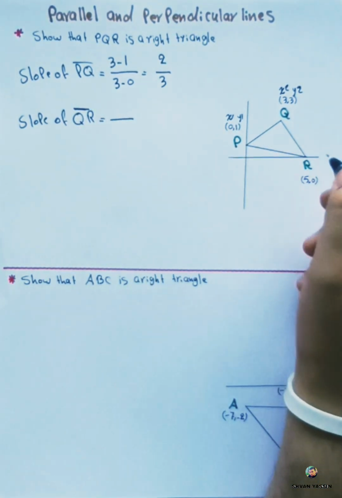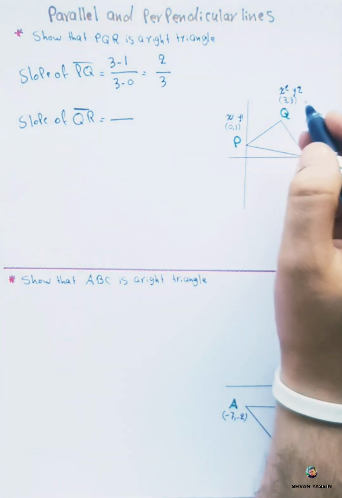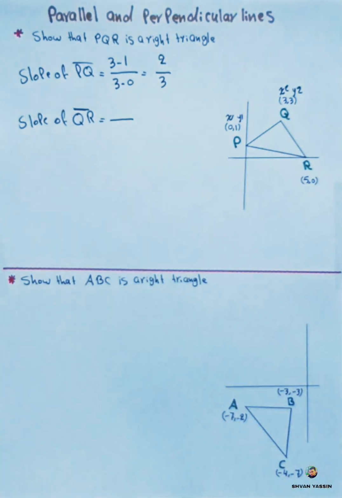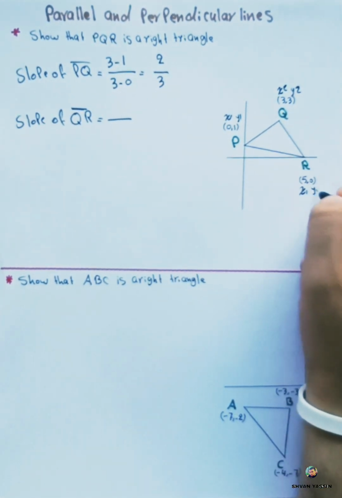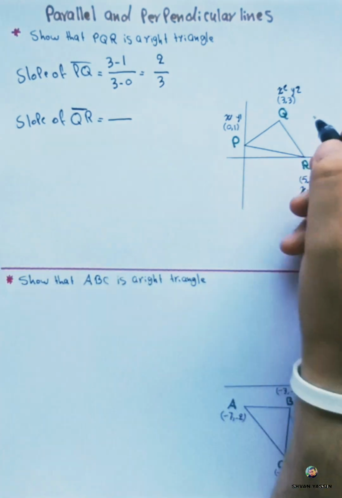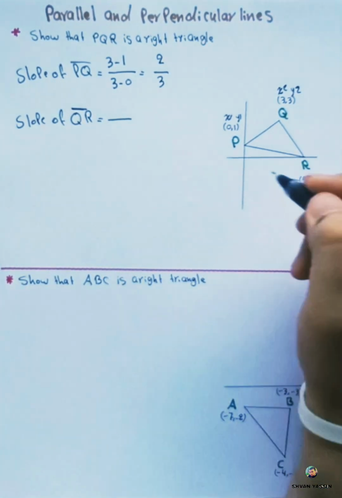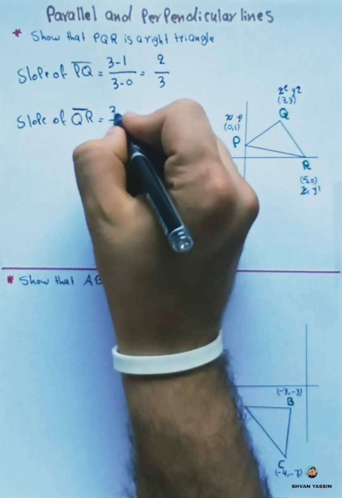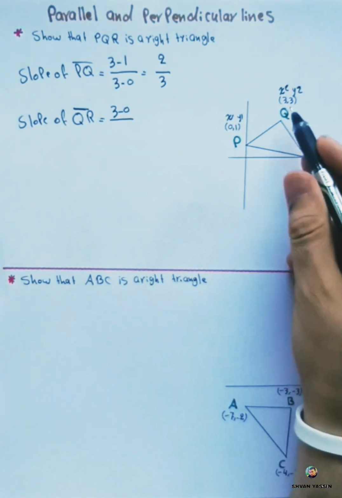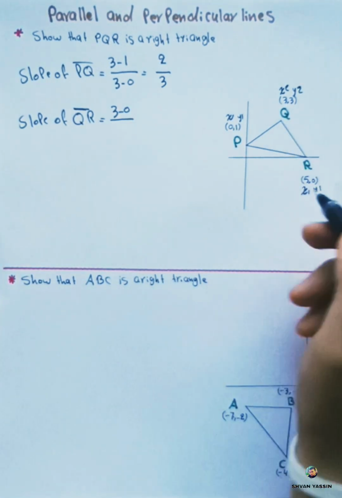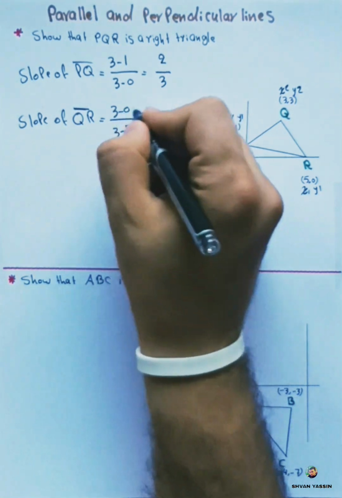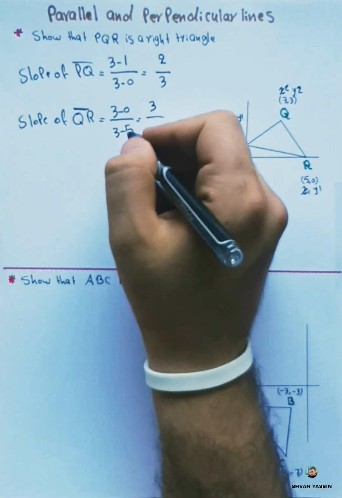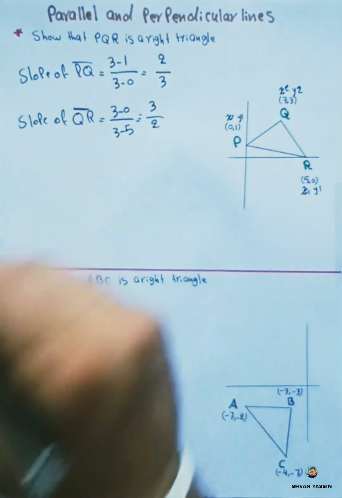This is x1 and y1. So y2 minus y1, 3 minus 0, and then x2 minus x1, 3 minus 5. 3 minus 0 is 3, 3 minus 5 is negative 2.